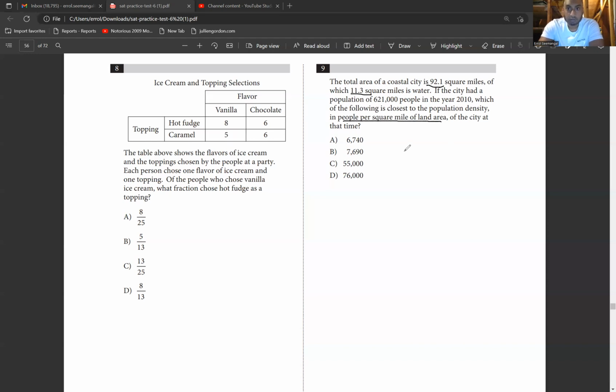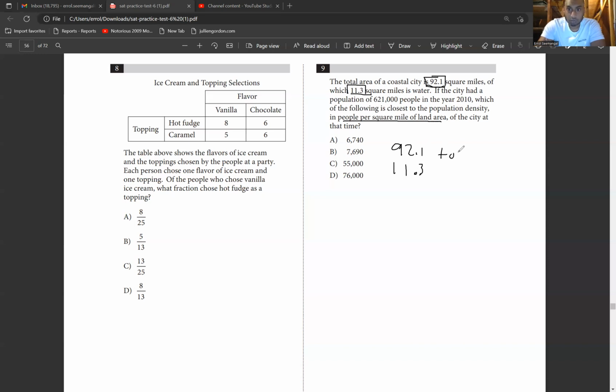So what are we going to do there? I'm not sure. Okay, so the 92.1 is the total of the land and the water, of which 11.3 is water. So just take your 92.1, subtract off 11.3, and that's just the land, right?